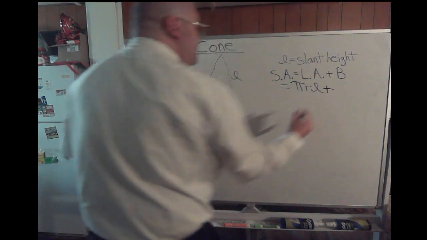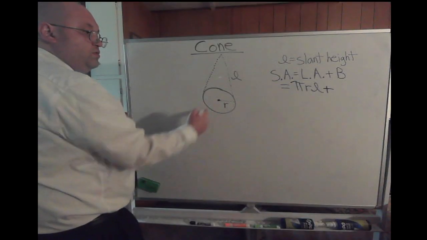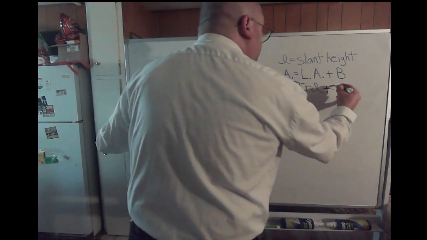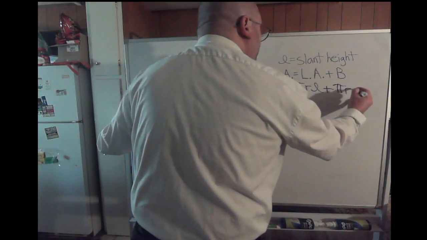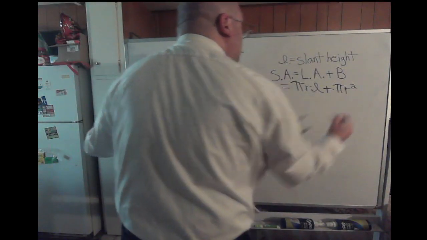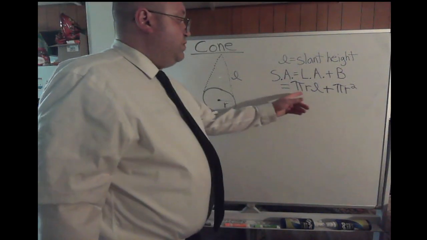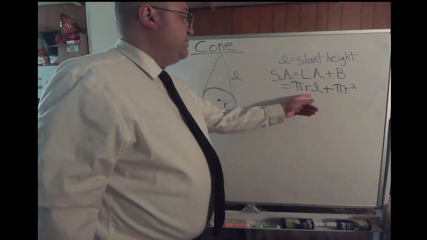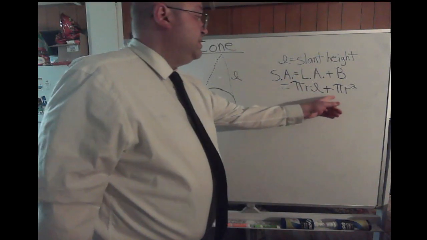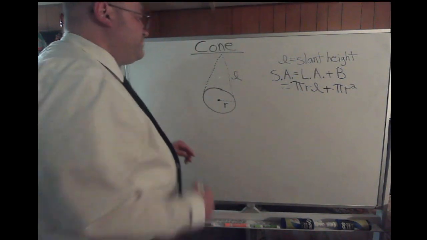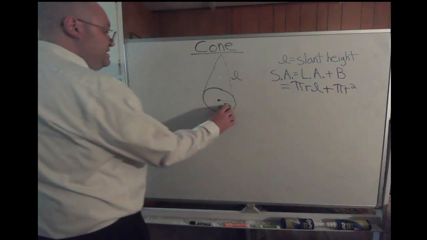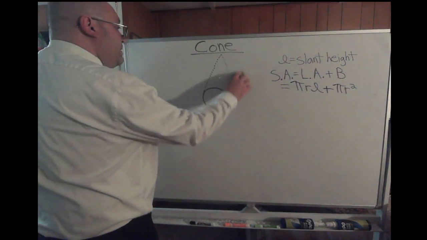Now what's the area of the base? What's the area of a circle, in other words? That'd be pi r squared. So the surface area of a cone ends up being pi times the radius times the slant height plus pi r squared. So let's do an example here of a cone.